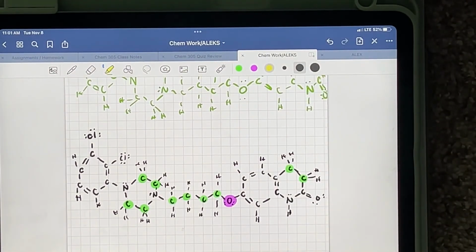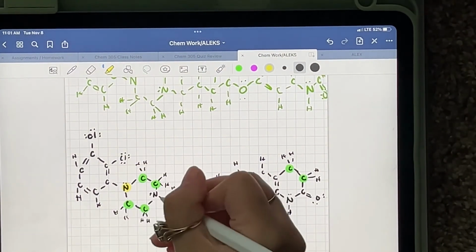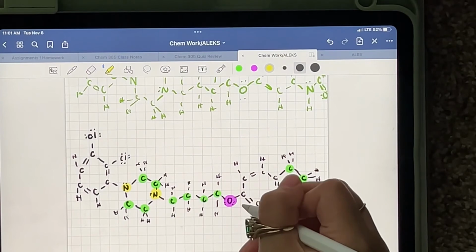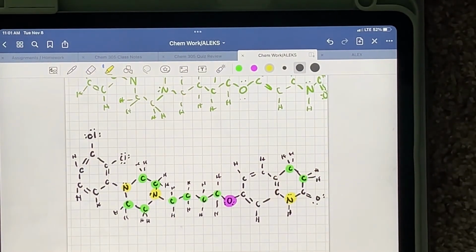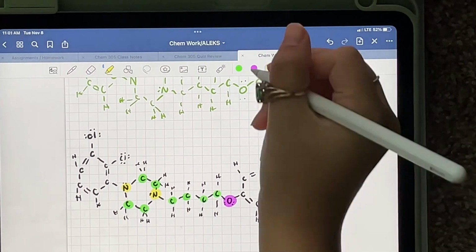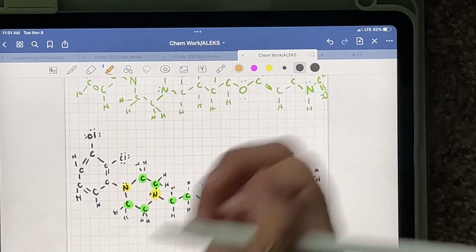Now going to trigonal pyramidal, which means that they have lone pairs. So this one would be this nitrogen atom right here, as it has a lone pair right there. Same thing with this nitrogen atom. And then same thing with this nitrogen atom. And then the last one is trigonal planar. So all these have bonds, and I'll make this orange.